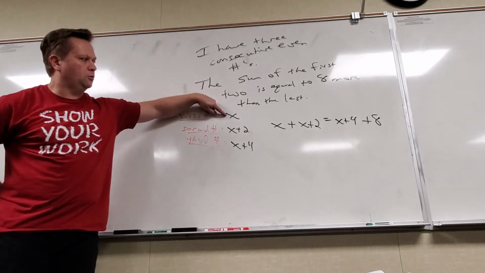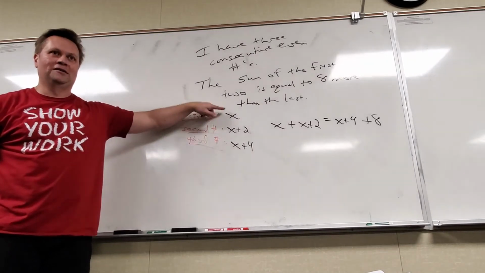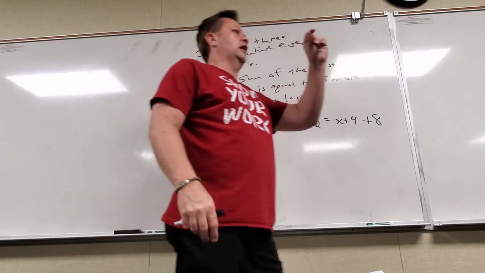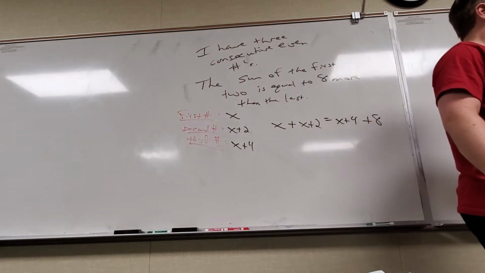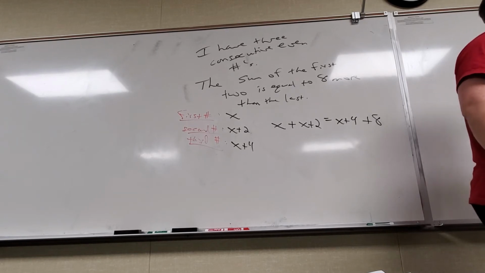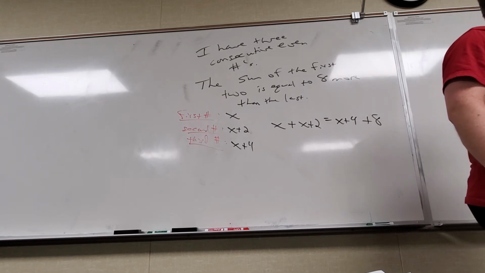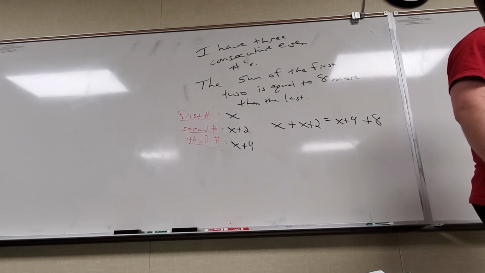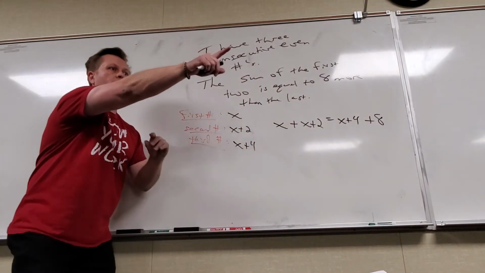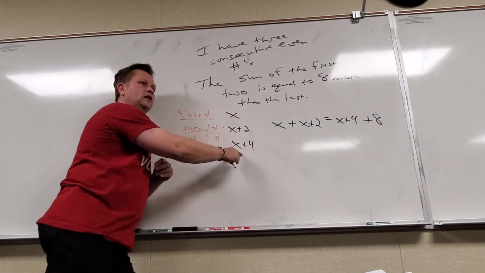Is everybody cool with this step right here? Let me make sure. Why would it be the same as the odd number? You ready? Count odds: 1, 3, 5, 7. They're separated by 2. Aren't the even ones in between those? Don't they also have to be separated by 2, or else they would overlap? Now watch, real quick. The real fundamental question you're asking is, these are supposed to represent even, so why do they look the same as the odds?